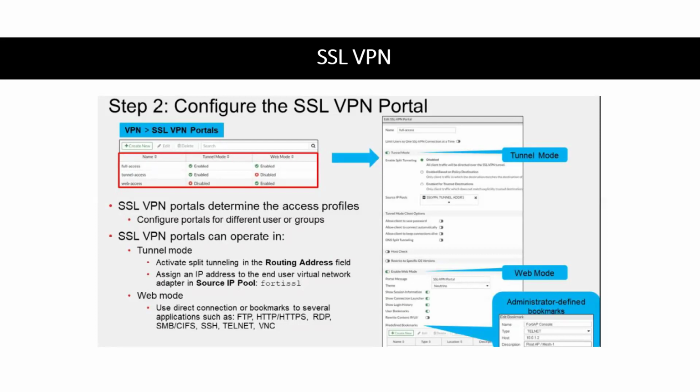It's so complicated in this sense that I was rolling around for hours, so I'll make it as simple as possible. Your routing address is what you are setting for users, saying what networks they have access to behind the FortiGate. The reason that's complicated is that when you get into the portal, you'll see an option that says enable split tunneling based on destinations.